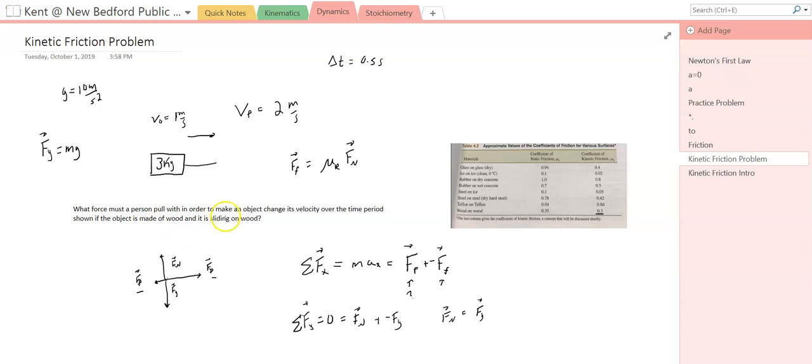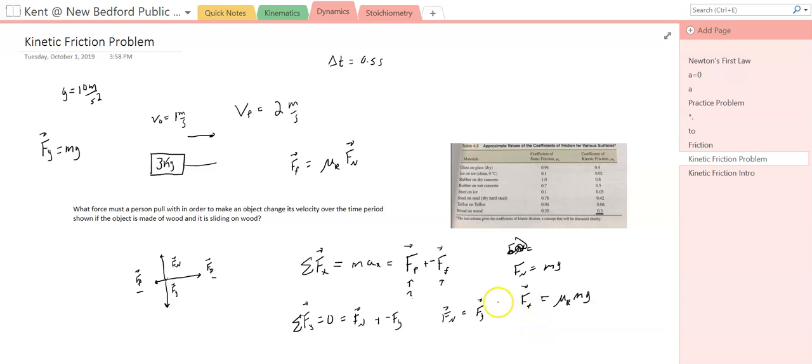We're not going to plug numbers in just yet, so hold on that. That means the normal force is equal to the force of gravity, so the normal force is equal to mg, right? And that means that the friction force is equal to mu k times mg, where mu k is the coefficient of kinetic friction.